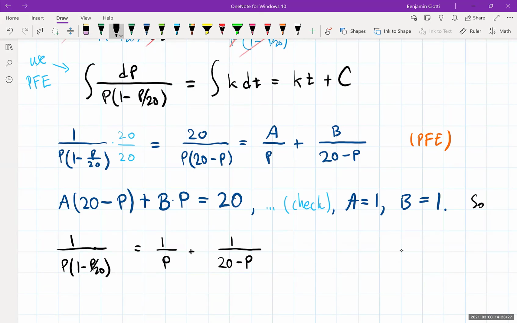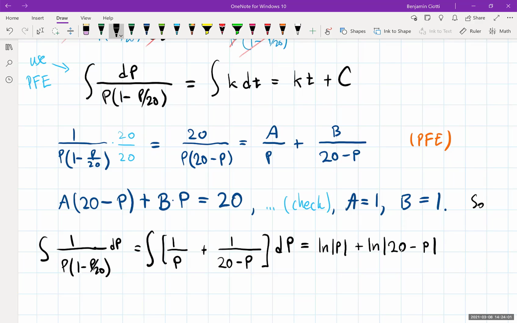So the integral of this will be the integral of these two terms. All right, that, if you recall, that's the beauty of partial fractions, is now we can integrate this. We get ln of p plus ln of 20 minus p.